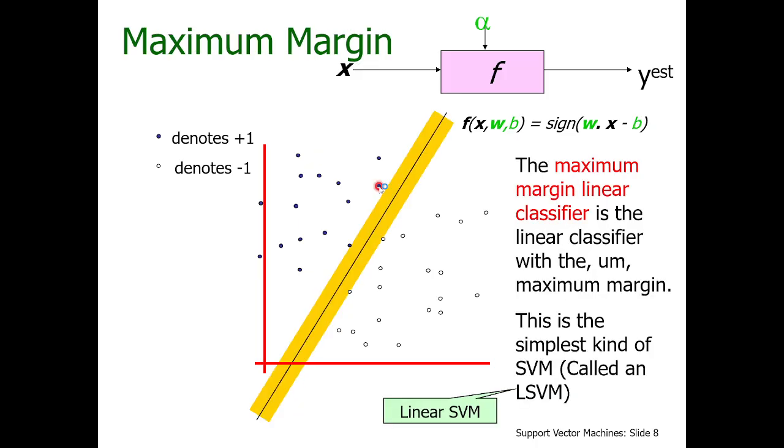Is it visible now properly? Okay, so this margin, you can even maximize it by choosing another sample which is a little farther from the best fit line, so that you can maximize the margin.